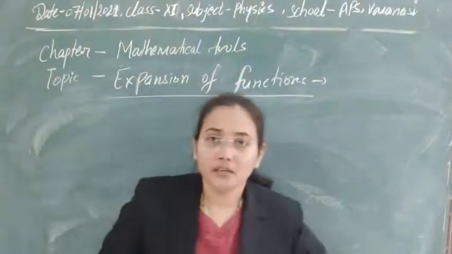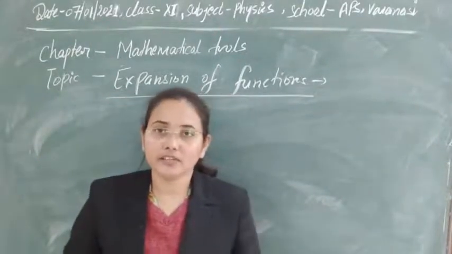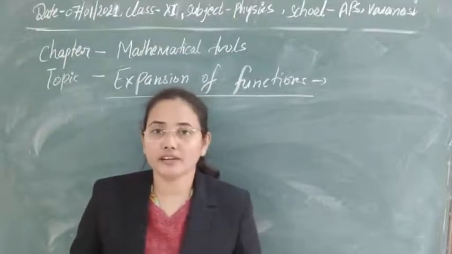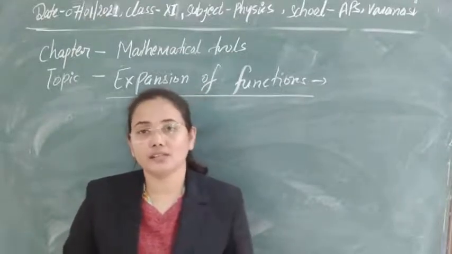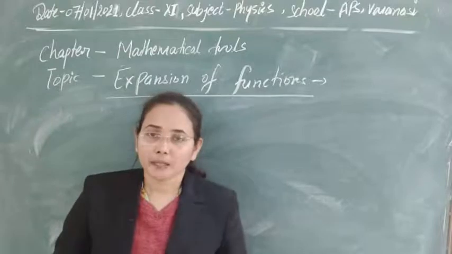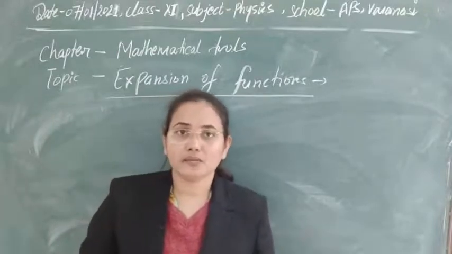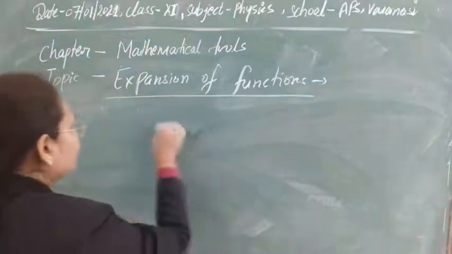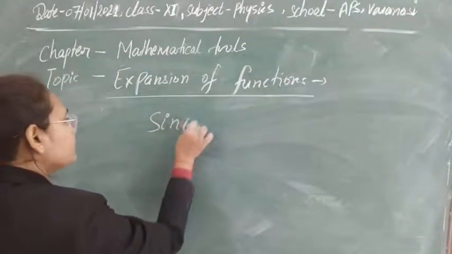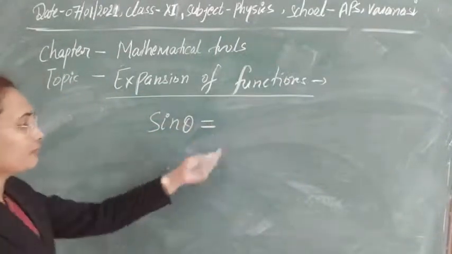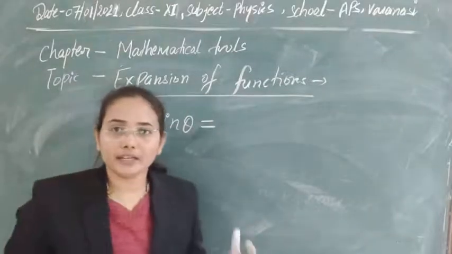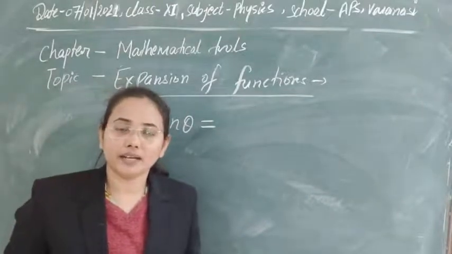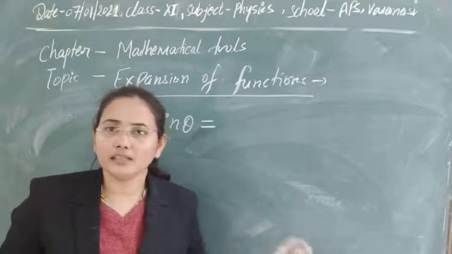Next thing, we have trigonometrical functions like sine function, cosine function, tan function, cot function. What is the expansion of such types of trigonometrical functions? Suppose you have to expand sine theta and find out the value of sine 18, sine 36, sine 45, whatever random value, sine 37.